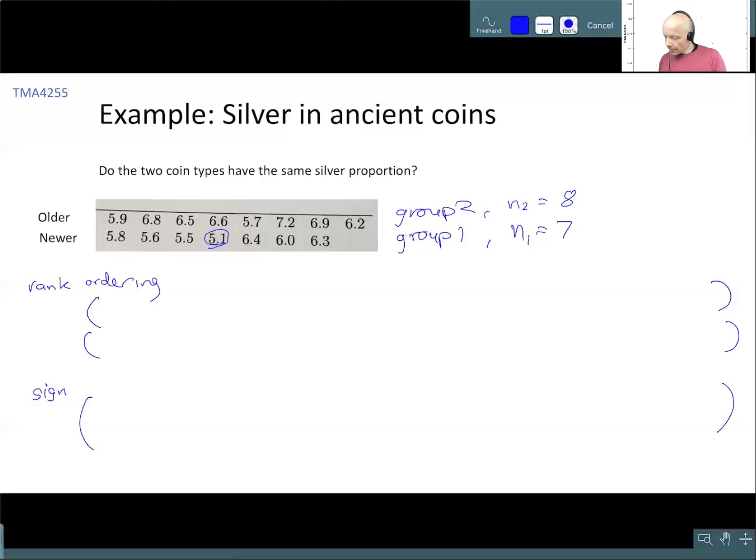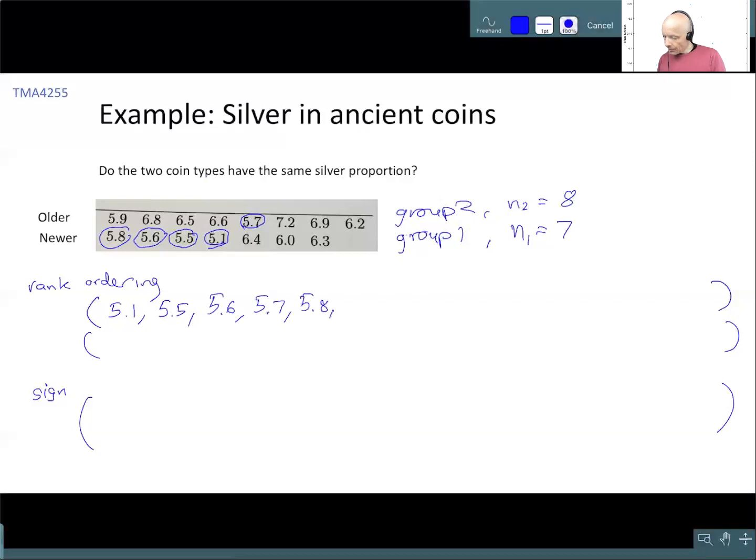This one is the smallest, so that's 5.1. And next in line, what's the second? That would have to be this one, 5.5. And then 5.6. And then this one, 5.7. Which one's next? 5.8.